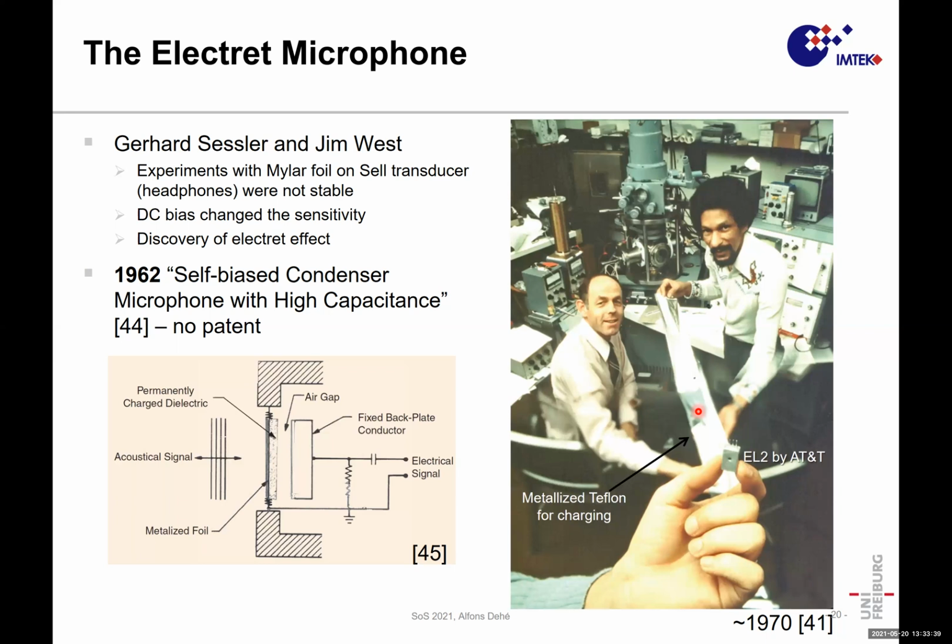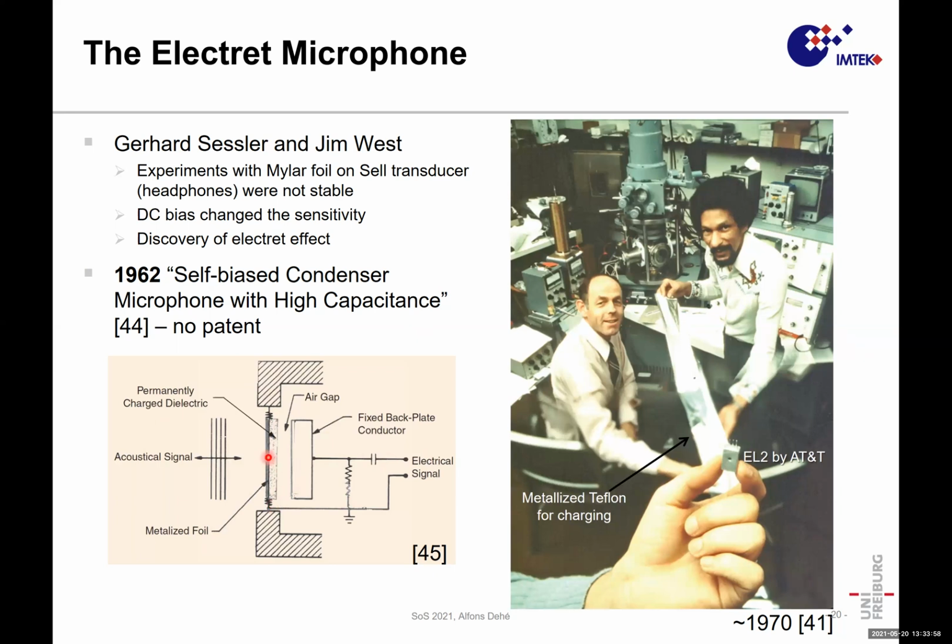And they invented the so-called self-biased condenser microphone for high capacitance. So this is basically the sketch of it. They had an electrode and then their special foil, which could move in the sound field.